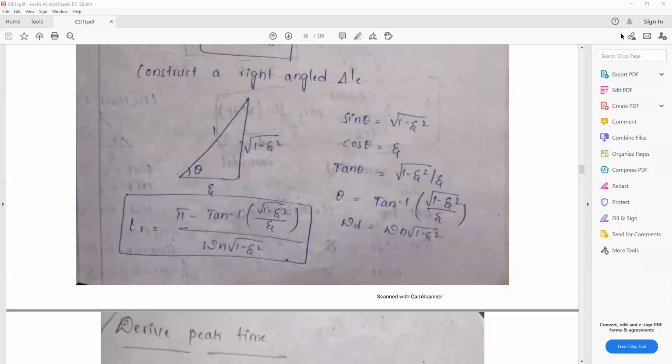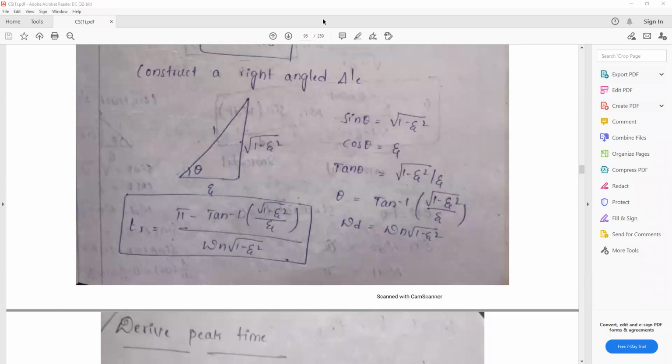And the next topic, time response of second order system with different damped systems. So the eta value is the damping ratio.